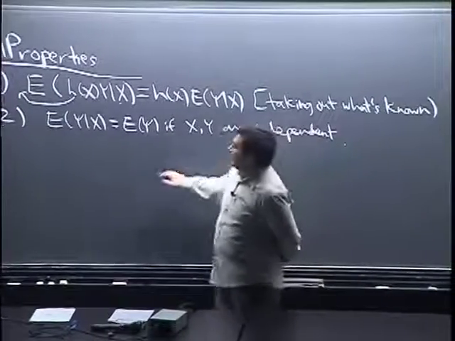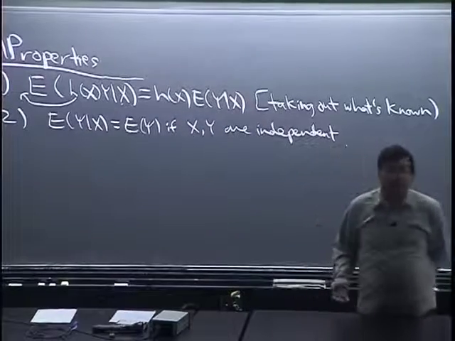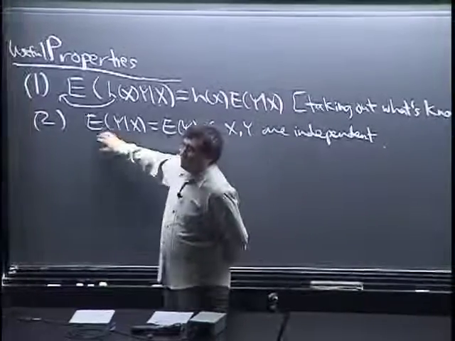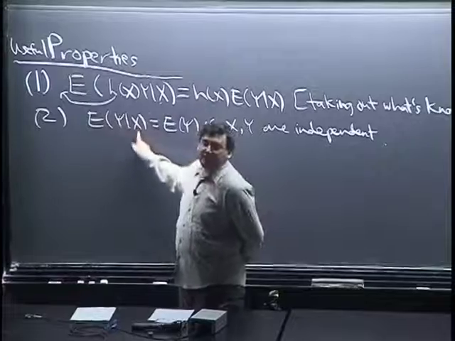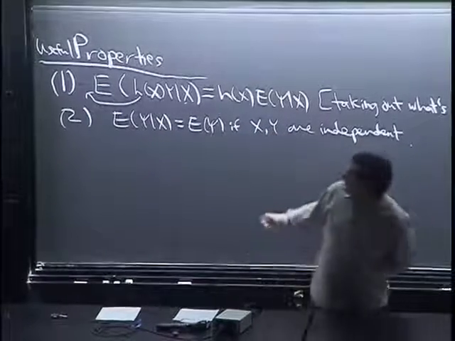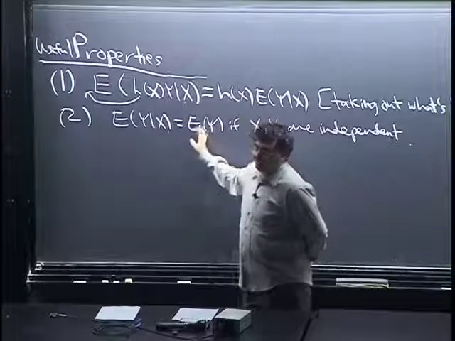But if they are independent, then we can just get rid of the condition. And that's just clear from the definition, right? Because the definition of this says we work with the conditional distribution given X, but the conditional distribution of Y given X is no different from the unconditional one because they're independent. So being given X doesn't help at all for predicting Y. So then that's just true.